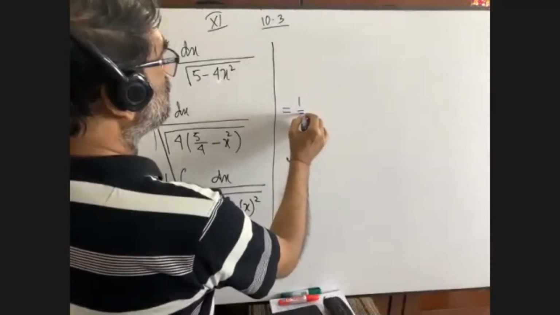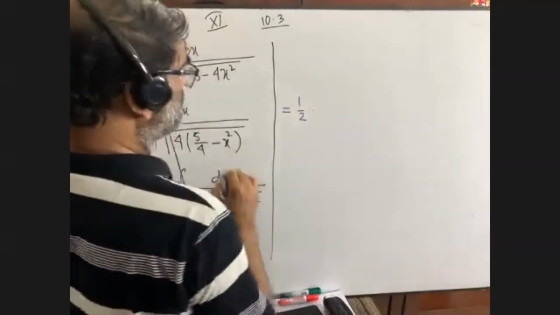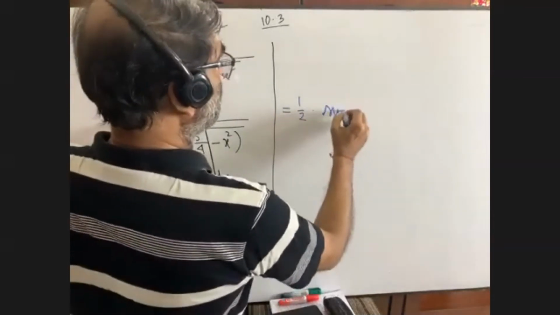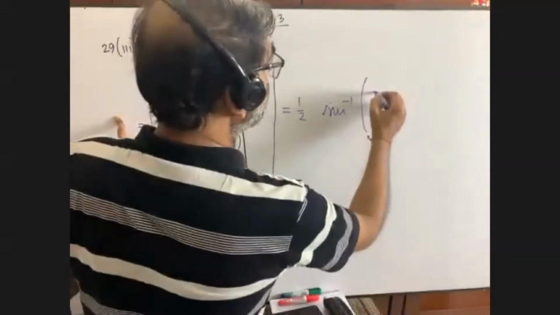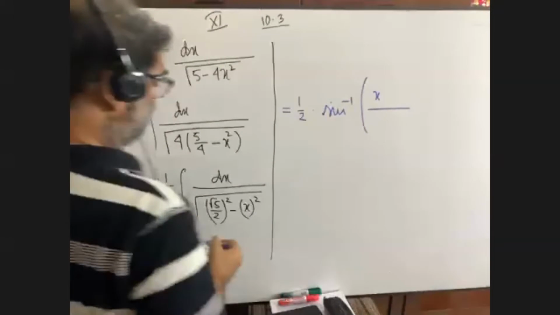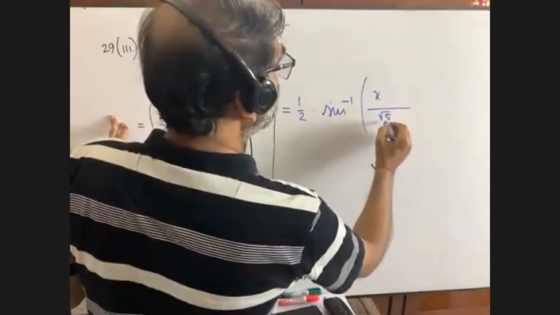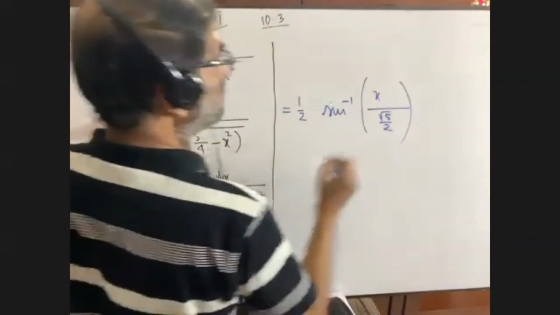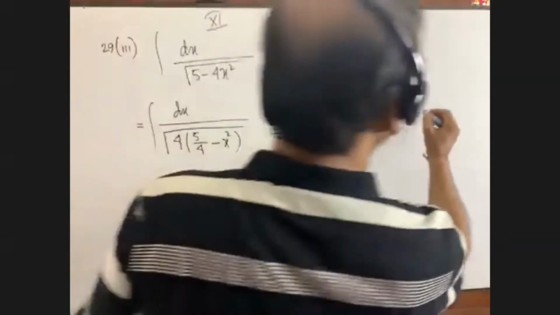It is sine inverse x by root 5 by 2. This is x by a. A means root 5 by 2. Sine inverse x by a plus c.